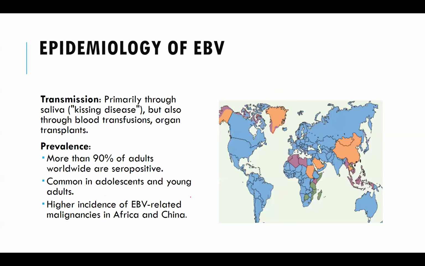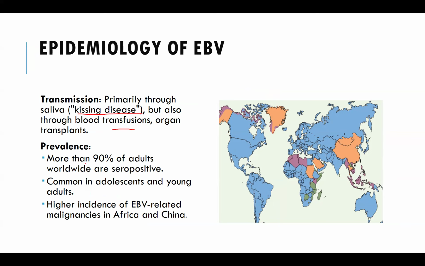Epstein-Barr virus is one of the common infections that everyone gets, and it's also called the kissing disease because transmission occurs primarily through contact with someone's saliva, usually during kissing. But blood transfusion and organ transplant have also been reported as ways you can get this infection.